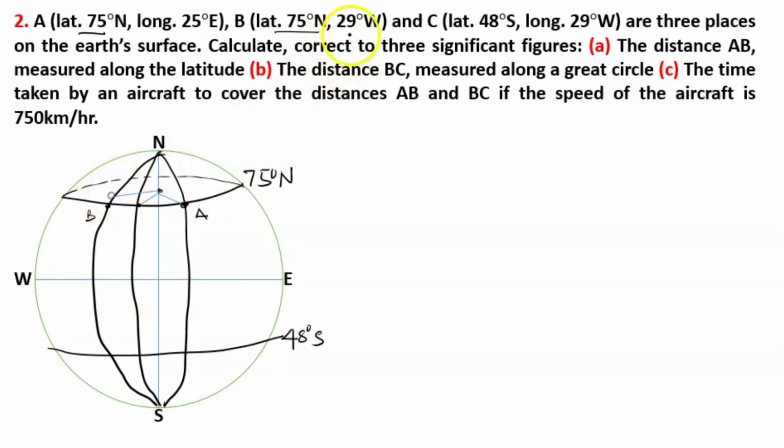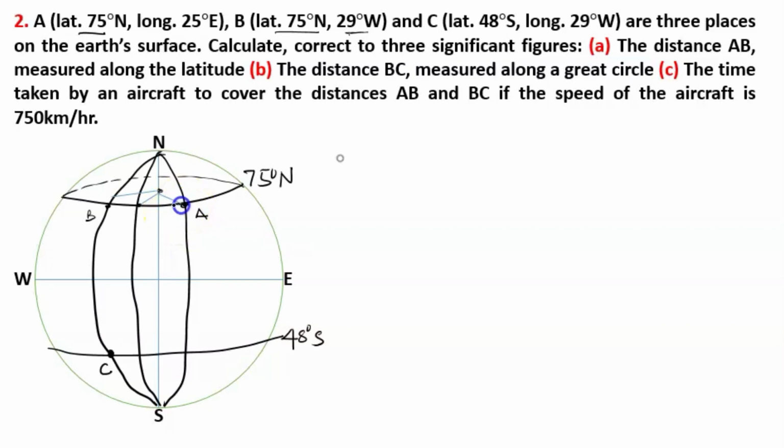You see, it's the same longitude as that of B. So we are looking at somewhere around here to get my C. All right, so we can see how whatever is traveling, maybe the aircraft, moves.